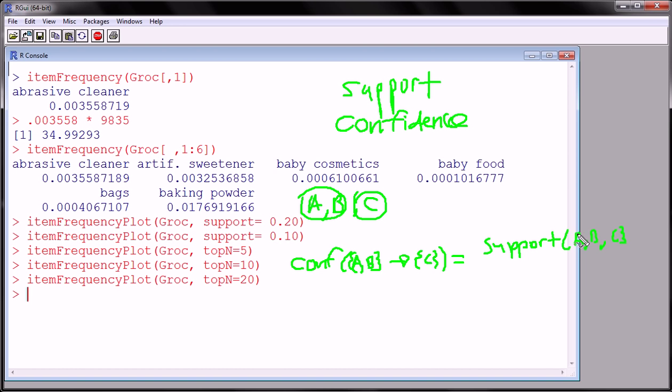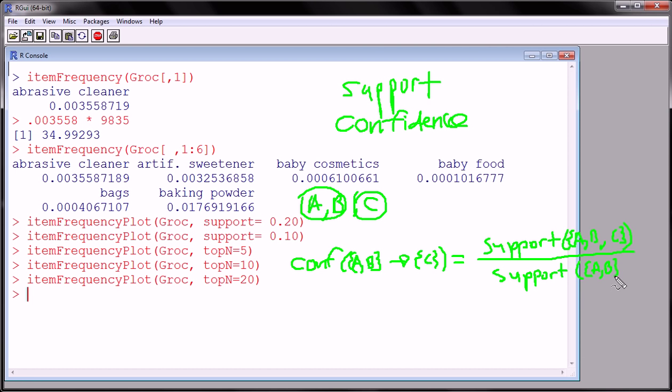So, in what proportion of transactions do A, B, and C show up, over the support of the condition, which is AB. Okay?